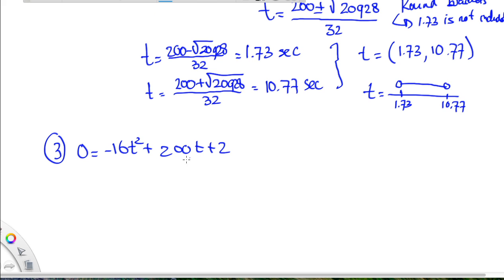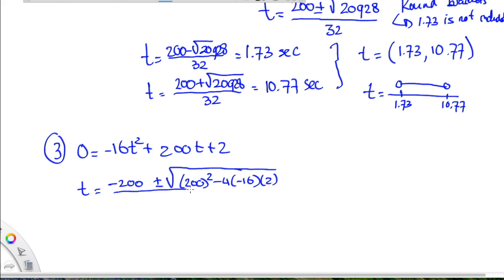Well, that's very similar to what we just did. We used the quadratic formula. In this case, it's a negative 200 plus or minus the square root of 200 squared minus 4 times a negative 16 times 2, divided by 2 times a negative 16.